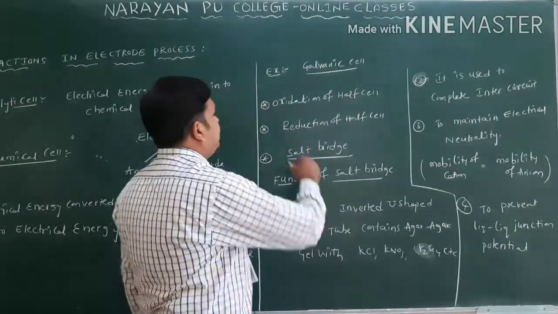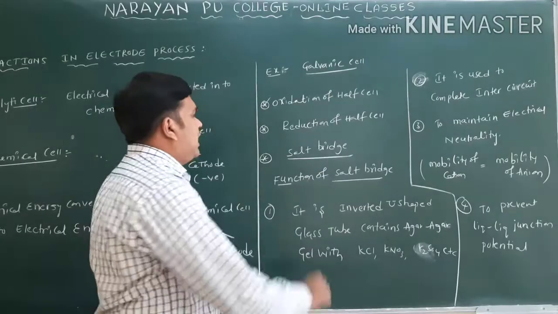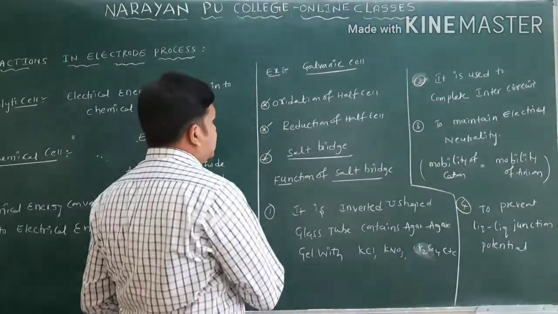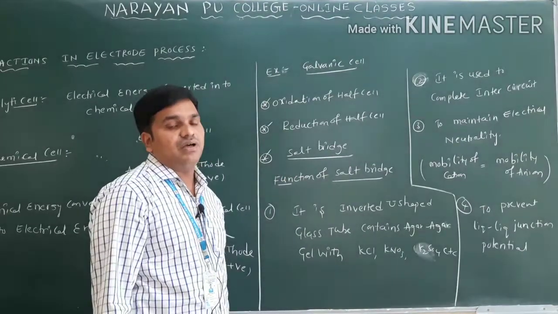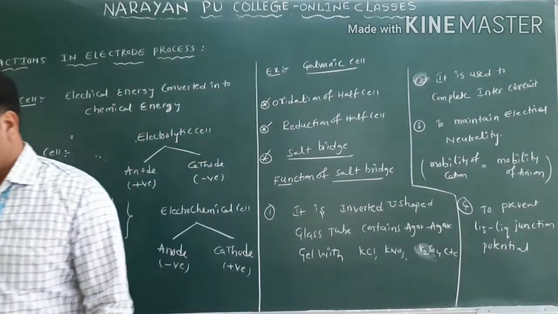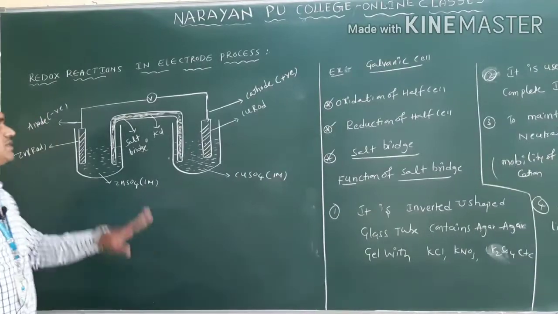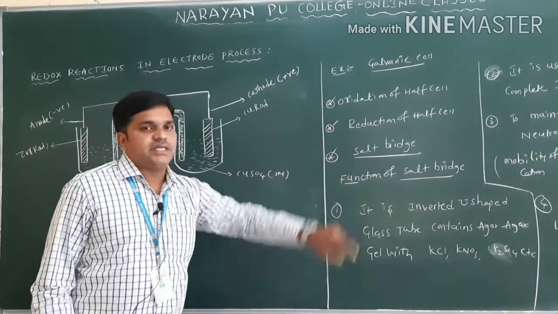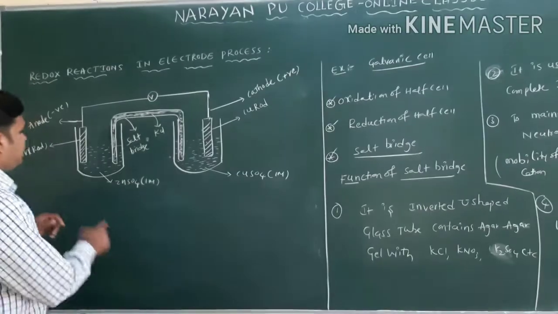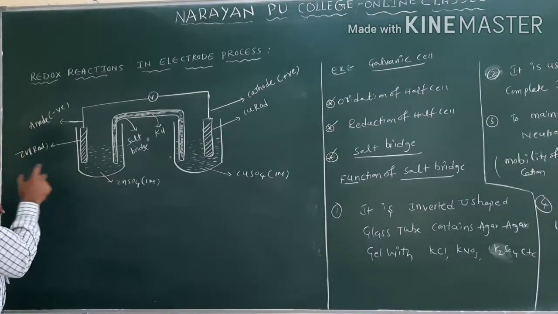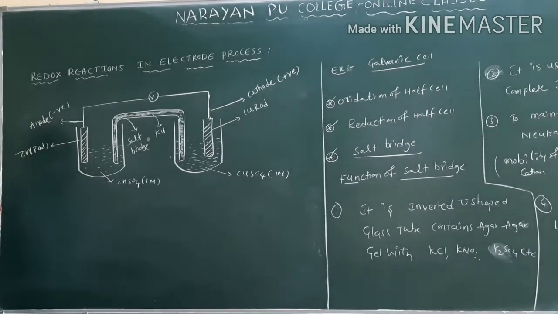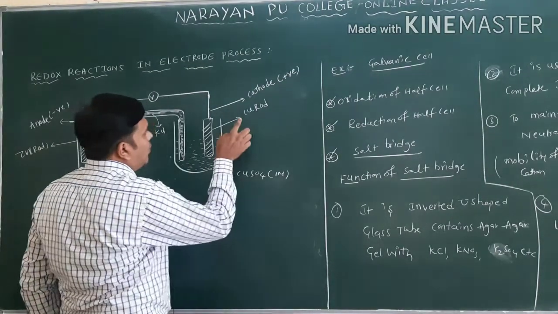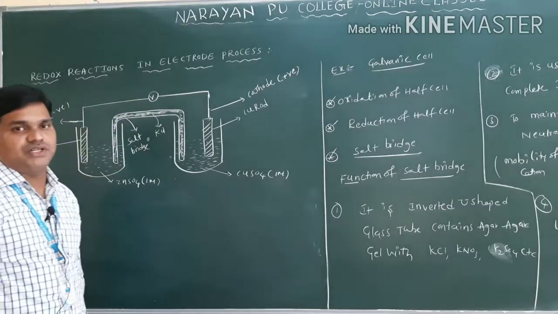So now we take the oxidation half cell and the reduction half cell, both interconnected with the salt bridge. Now we will discuss the construction of this galvanic cell. The first part is the oxidation half cell. In this compartment I took a zinc rod dipped in zinc sulfate solution, and in another compartment a copper rod dipped in copper sulfate solution.